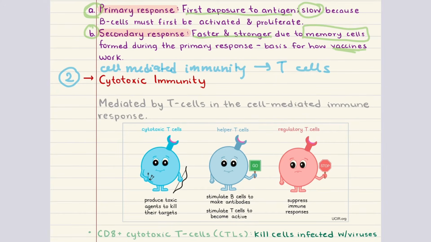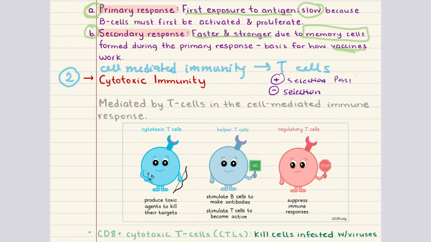T cell development in the thymus actually includes two important quality control steps. Those are positive selection and negative selection. Positive selection ensures that only T cells that are capable of recognizing antigens presented on MHC molecules survive. Negative selection eliminates T cells that react too strongly to self-antigens.